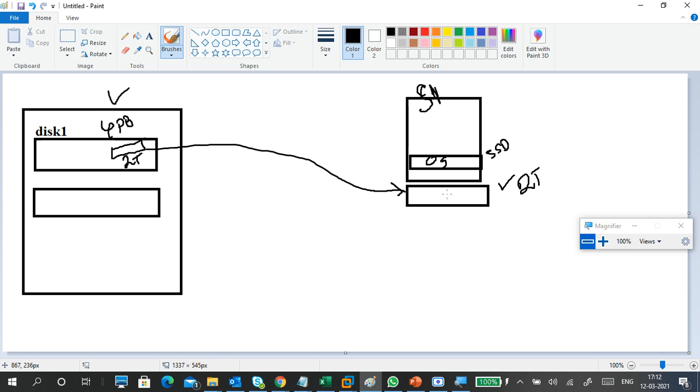Where to store it? I can't keep on adding physical disks, right? So what I'll do is take some space from the disk I have here and give it here as a block. Okay, so this is called block level storage. So that's the difference between file level storage and block level storage.